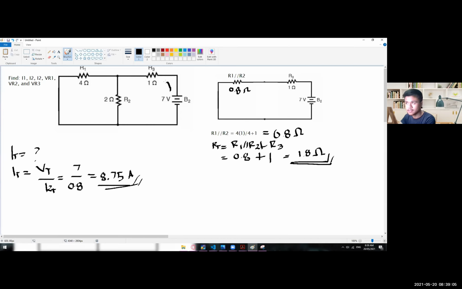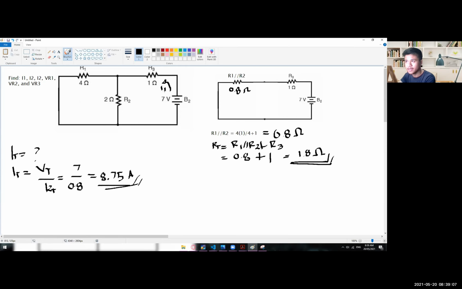So as you can see, we have here the I total, which is now equal to our I3. I3 is equal to 8.75 amps. So now we can actually solve for the value of VR3 since we now have the value of I3.